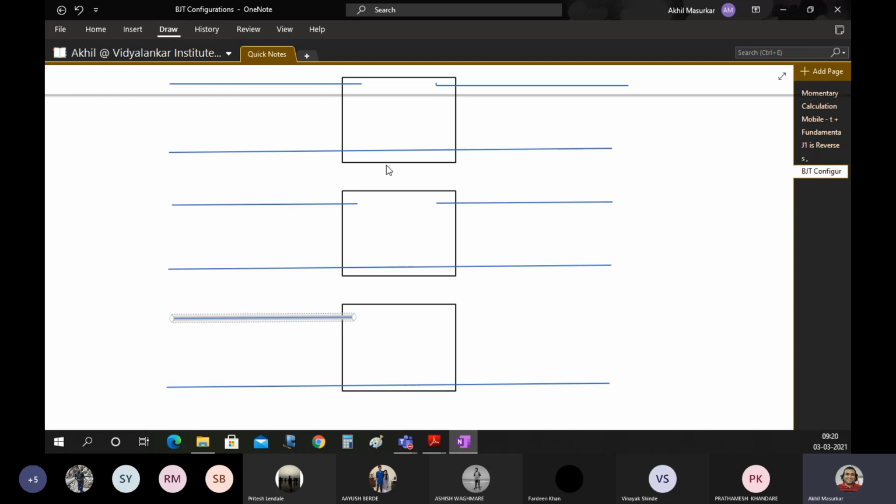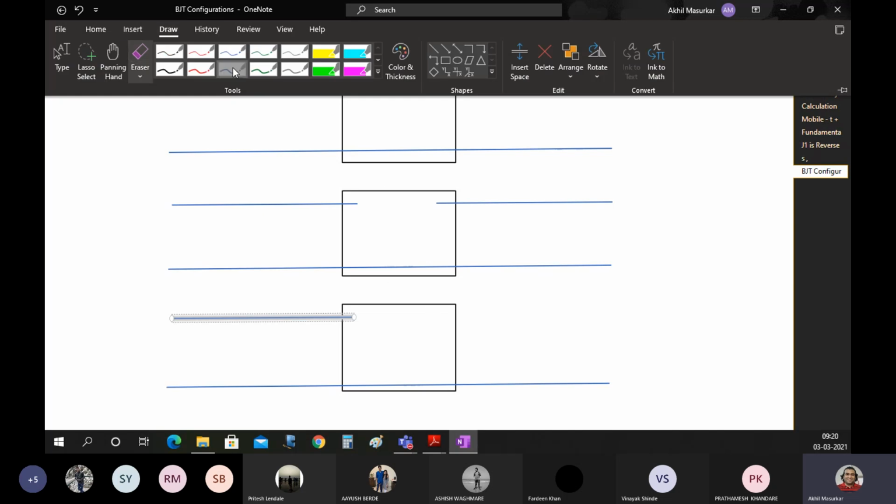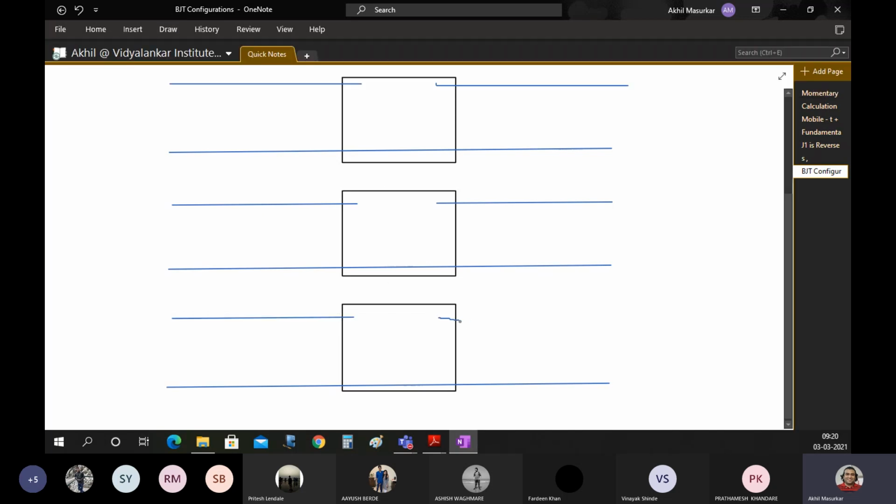Every now and then we have to do one terminal common, and we have a BJT which is a 3-terminal device. So it's up to us now what we want to do.